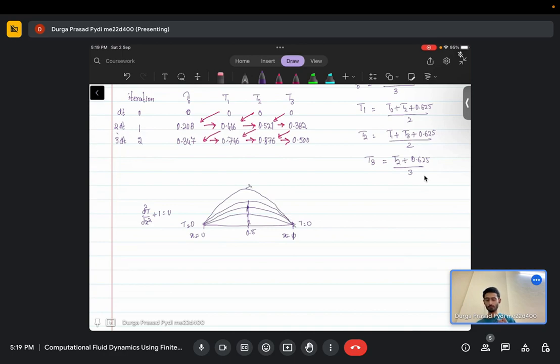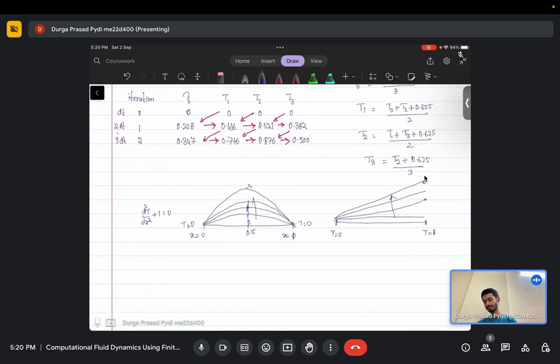Instead, if you have a different boundary condition, say this is T equal to 0 and this is T equal to 1, then when you start out you might have 0 everywhere. This is our initial guess. Just after the first iteration you will have something like this, and then depending on the source, it keeps on going to the final state.